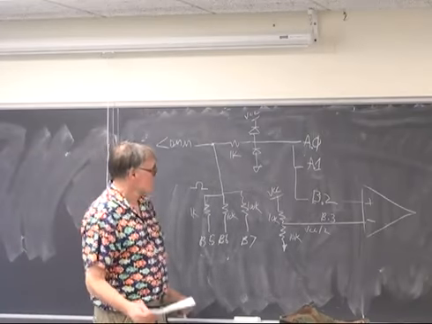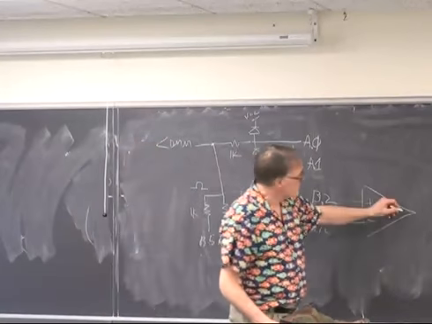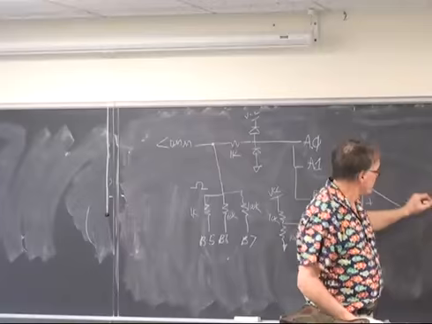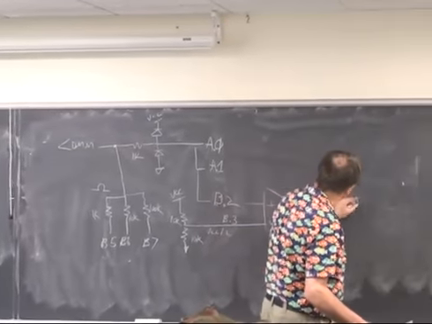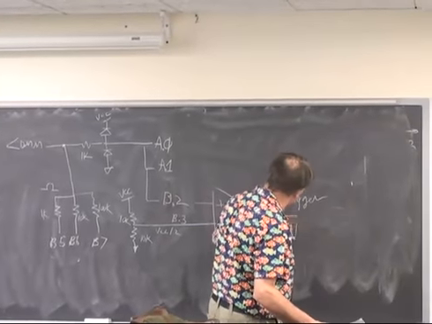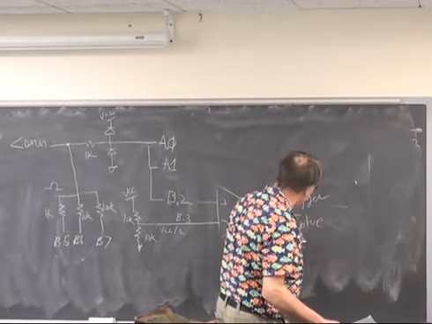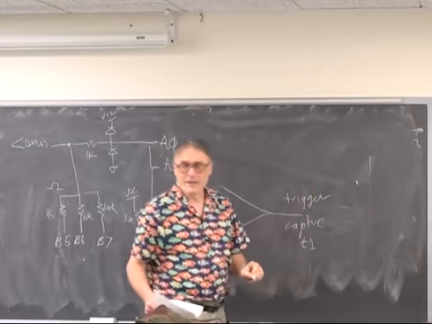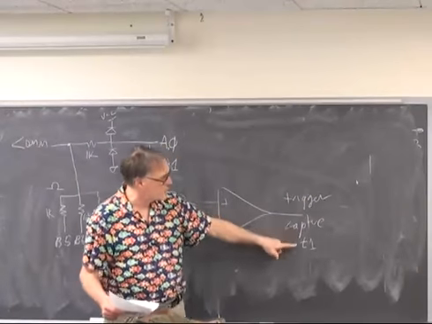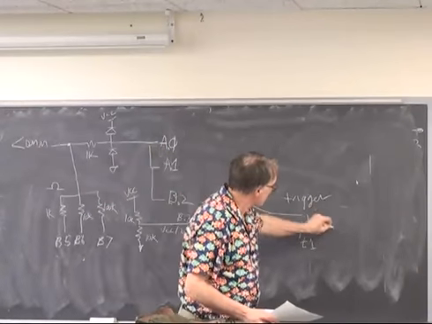We're going to use the output of the comparator to trigger a capture on timer 1, and we'll talk about that in more detail. This is going to trigger a capture on timer 1.